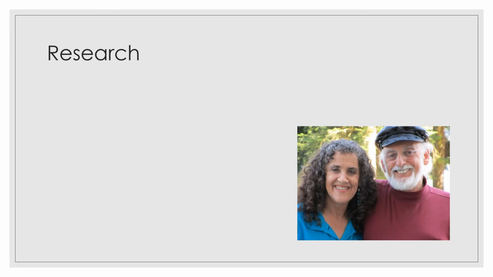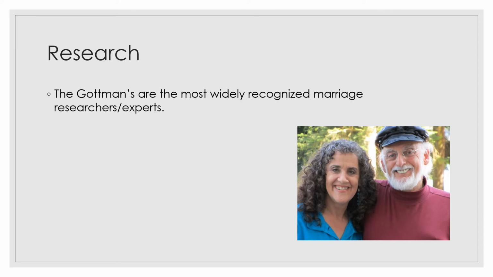So let's talk about research. There's been a lot of research done on spousal relationships, good and bad, and what goes into healthy relationships. The Gottmans are the most widely recognized researchers when it comes to marital relationships.